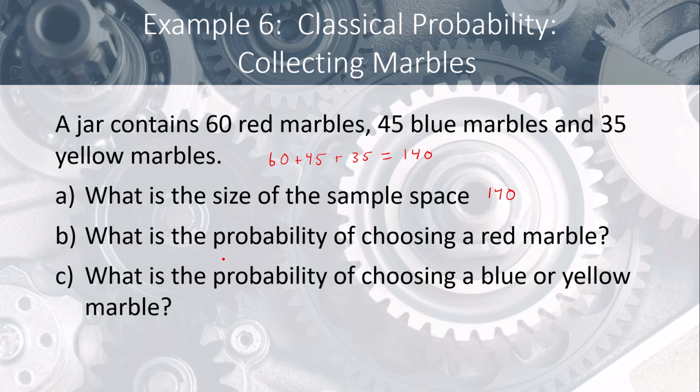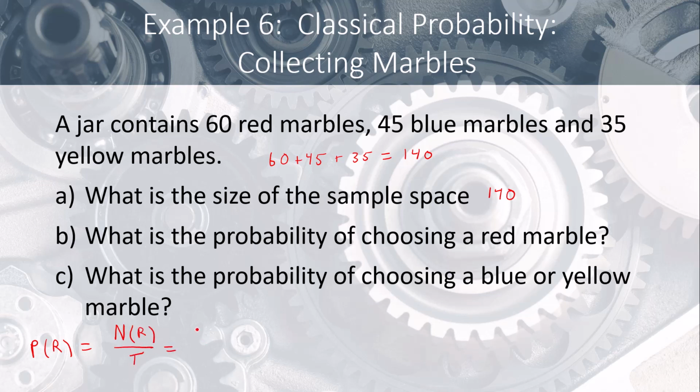Part B. What is the probability of choosing a red marble? I probably should have given myself a little more space here. Let's do this over here. The probability of choosing a red marble is equal to the number of red marbles we have, because the event is pulling out a red marble, and there happen to be 60 of them, divided by the size of the sample space.